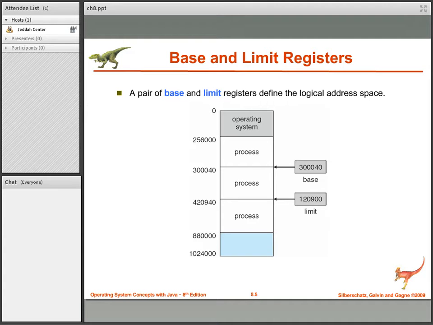So these two registers, the base defining the start and the limit defining the length of the process, define our process that is stored in the main memory ready for execution.